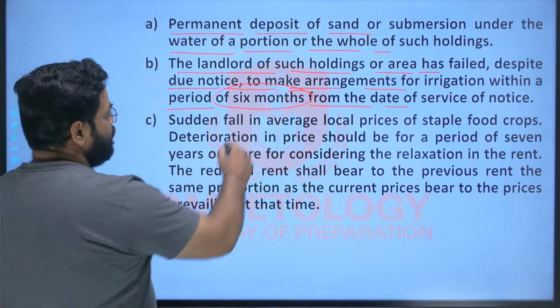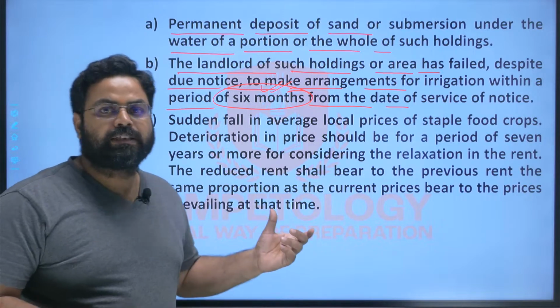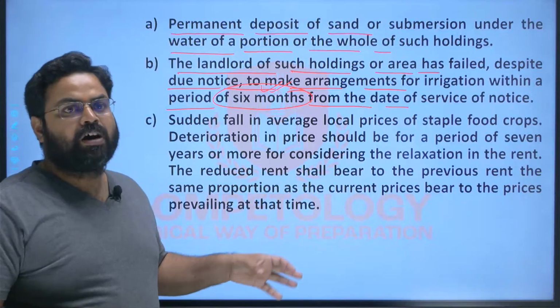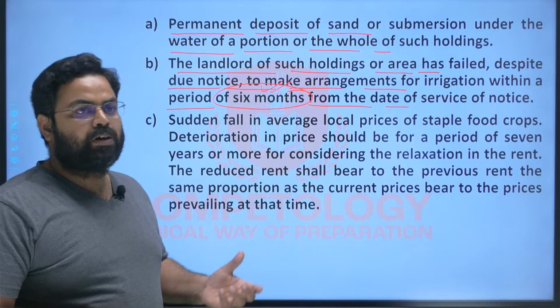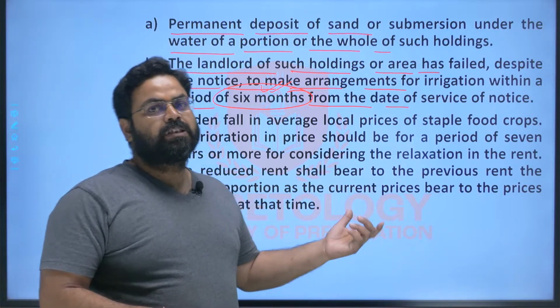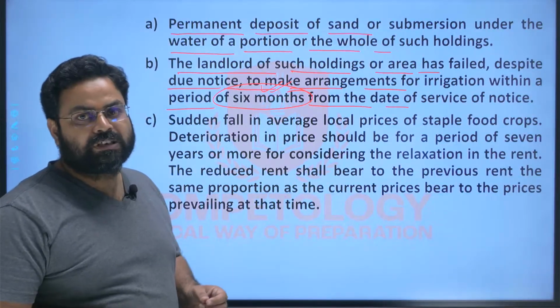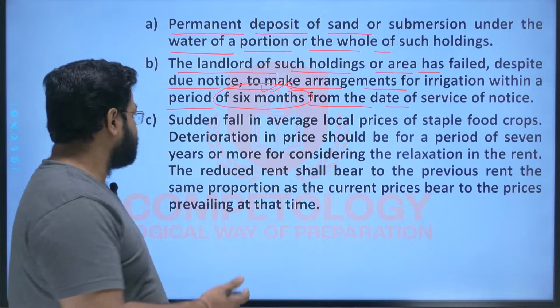If the landlord had not made the provisions for irrigation within 6 months of such notification, after receiving the notice from the DC, then the rent of those regions can be reduced.